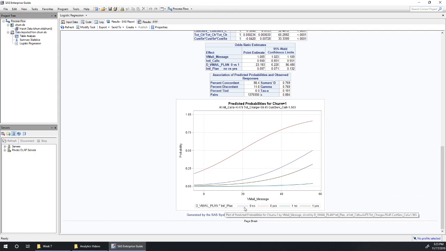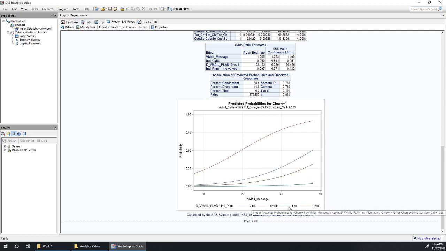So these colours are not very easy to see, but the first one is blue, that's this guy here. And so that is 0 voicemail plan, so not a voicemail plan and not an international plan. This is our blue line here. The red line is no voicemail plan, but yes international plan.